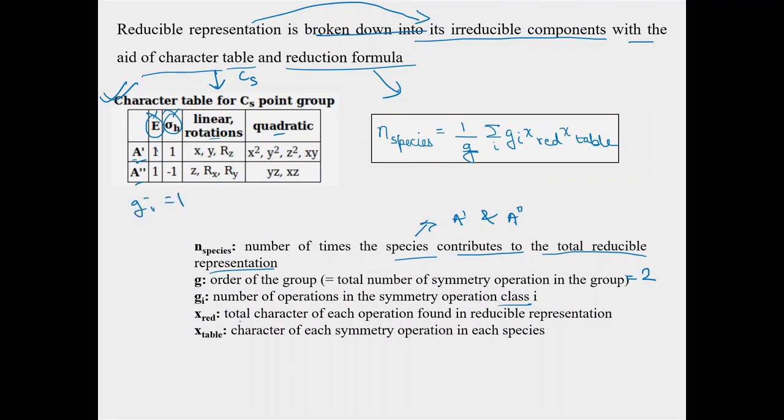Then chi reducible is the total character of each operation found in the reducible representation, and chi table means the character of each symmetry operation in each species. These are individual characters, so this is chi table, and chi reducible means this, which we found out: 3 E and 1 sigma h.